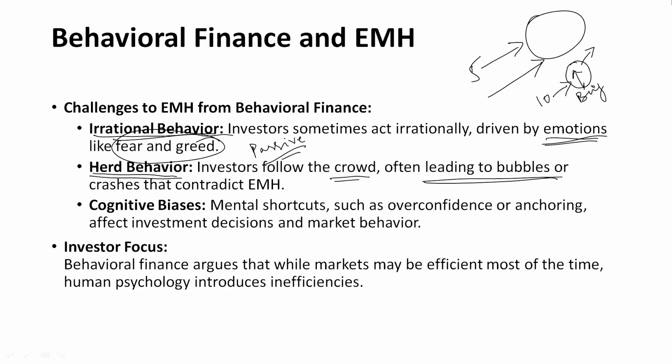In the long run you may end up in loss. Then you have cognitive bias. Cognitive bias means the thinking process, the way you look at the market, the way you try to predict the market.